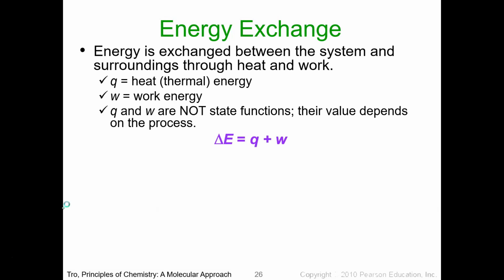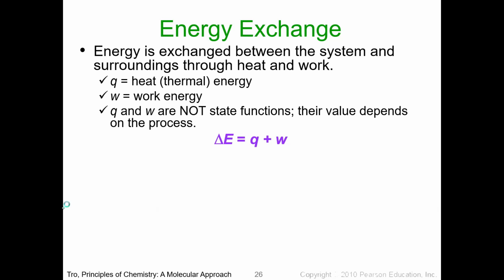Heat is Q, the small letter q, the quantity of heat, and the work done is W. So the change in internal energy is equal to the amount of heat plus the amount of work done. If you sum these together, it gives you the change in internal energy: delta E is equal to Q plus W.